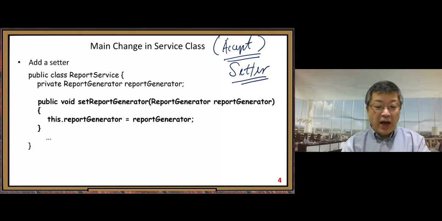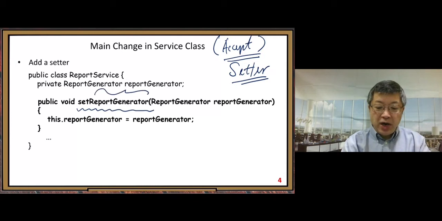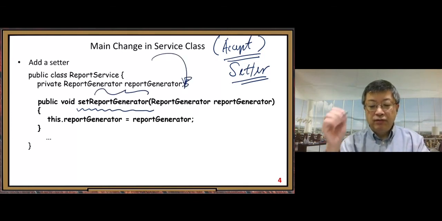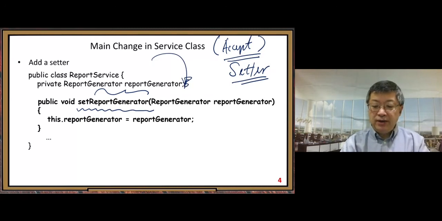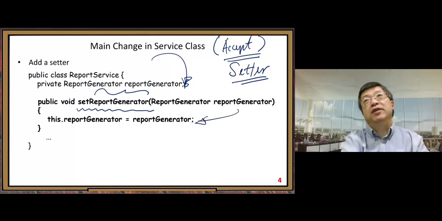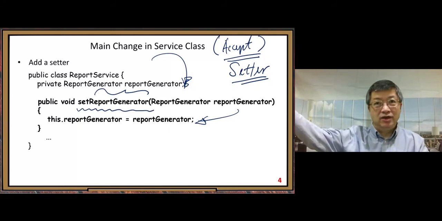All right. Add a setter, report service, set. Look at the setter. This is the property. Report generator is the property of this component. Set report generator. Then just a usual setter, a typical setter. Just a few lines. That's simple.